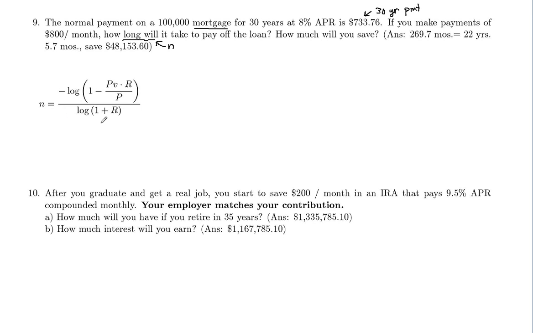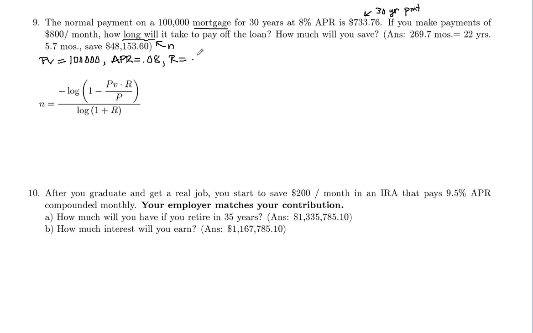Alright, so let's put some of the pieces in here. It's a $100,000 mortgage, so that's our loan amount, PV. Our APR is 8%, and we need R, our monthly rate.